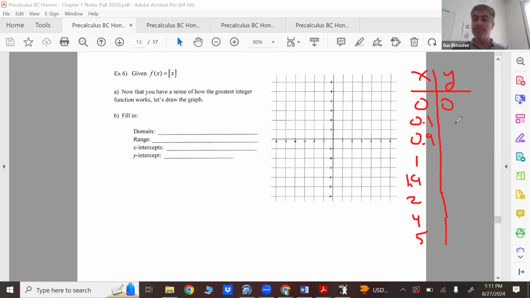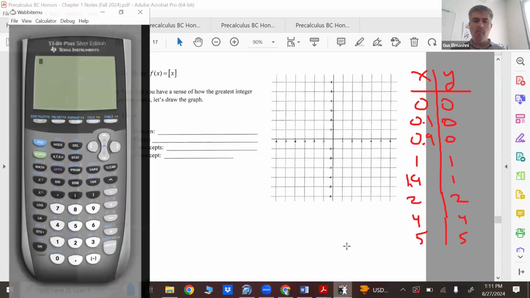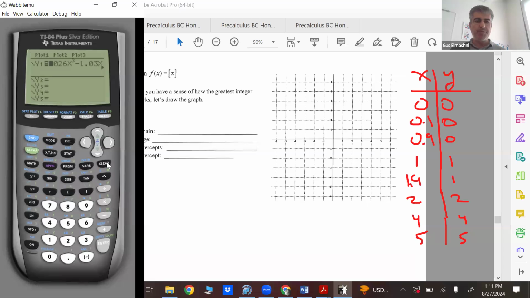How less than 0.9? How about 1? Because less than or equal to, right? Still 1, then 2. So here's what's going to happen when I graph it. I'll go to y equals, hit math, num, option 5, x. And let me go to the standard window.